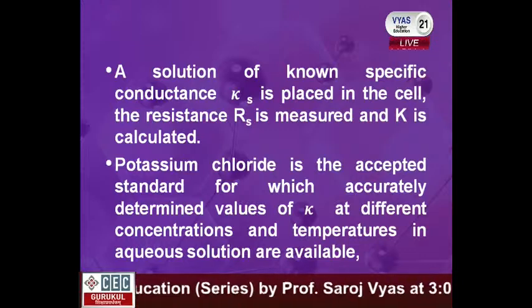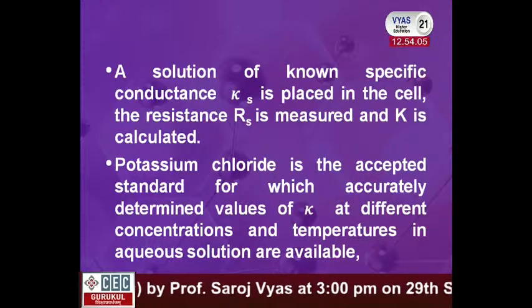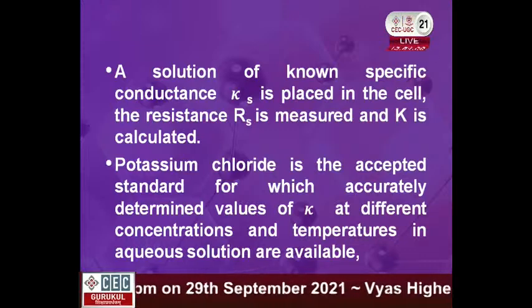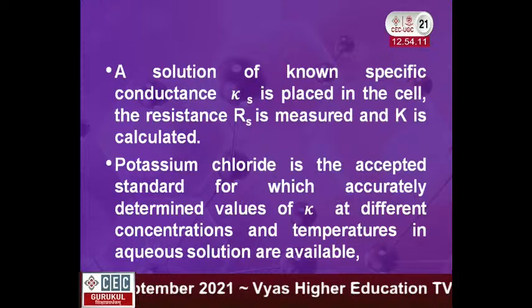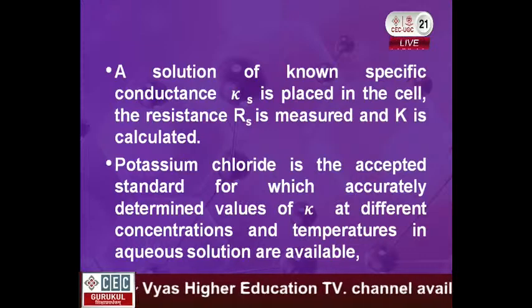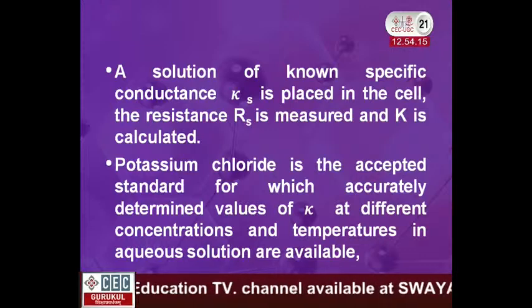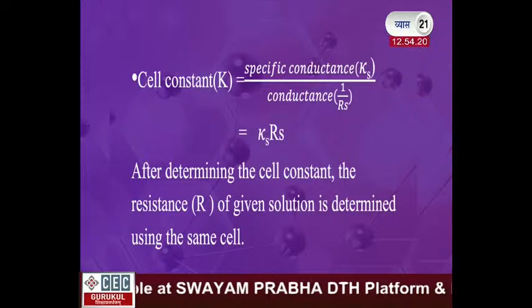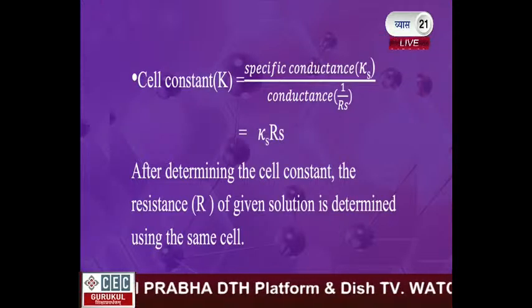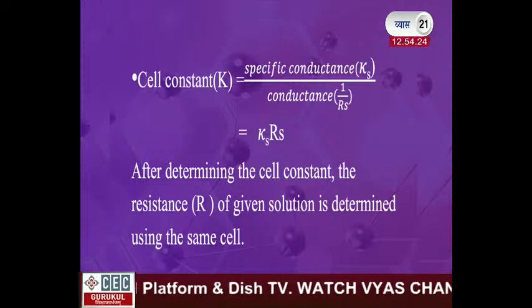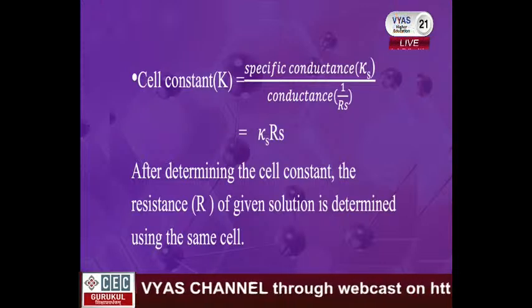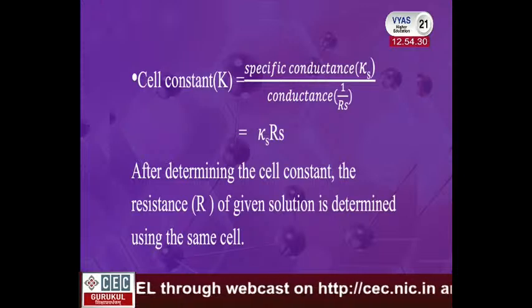Potassium chloride is the accepted standard for which accurately determined values of kappa at different concentrations and temperatures in aqueous solution are available. Cell constant can be determined using the equation: cell constant is equal to specific conductance divided by conductance, which will be kappa S into Rs.